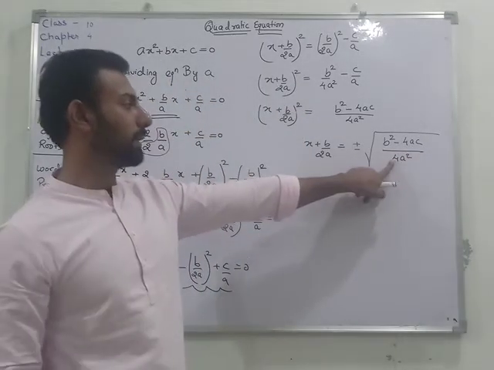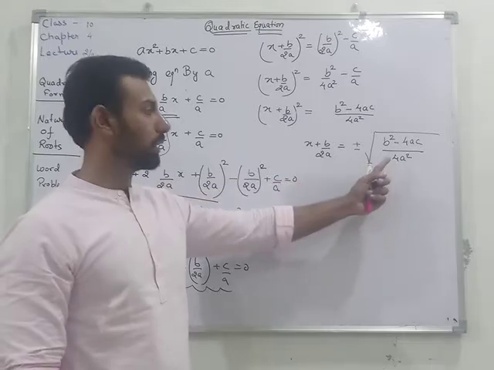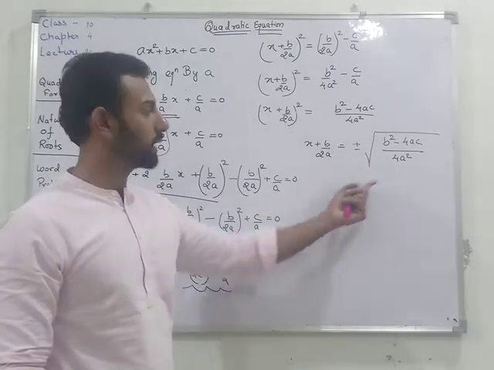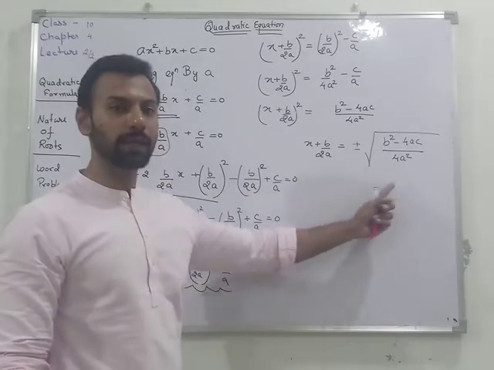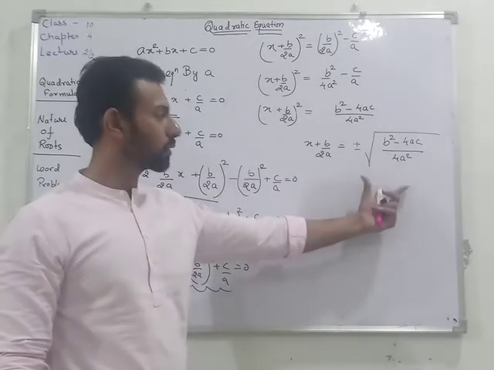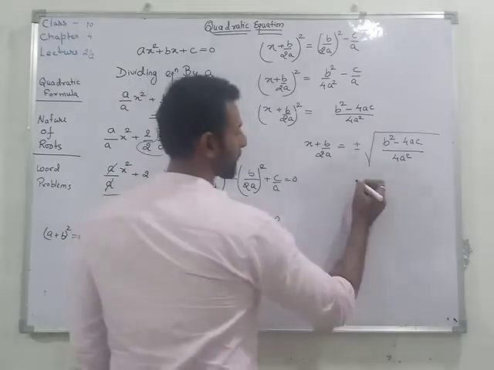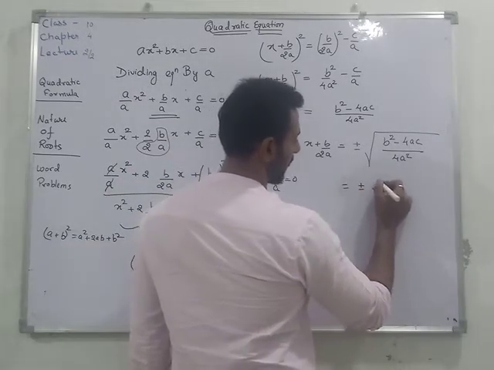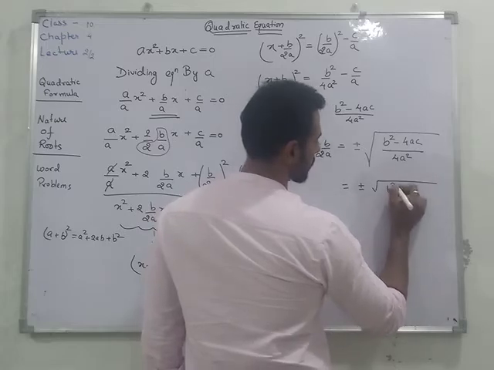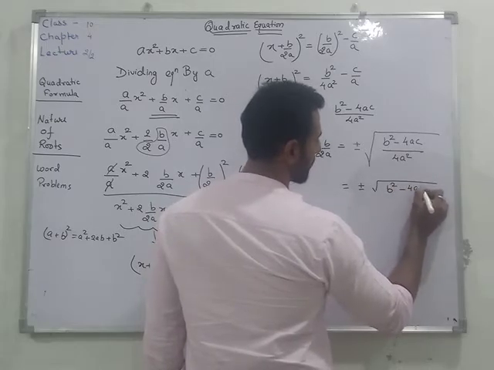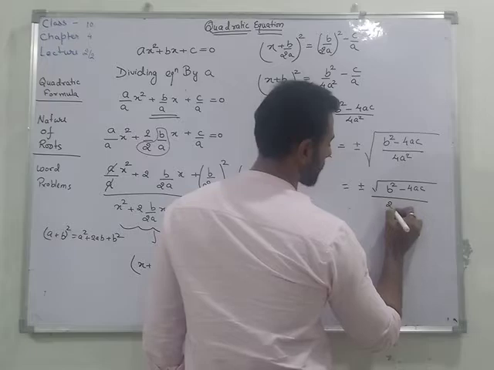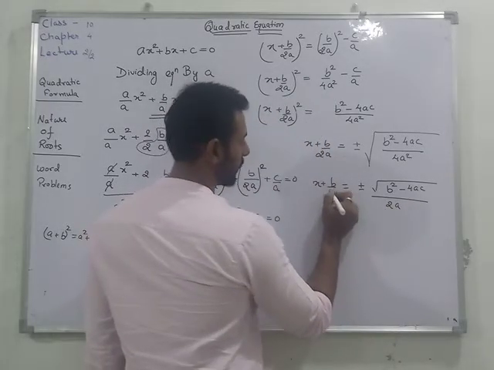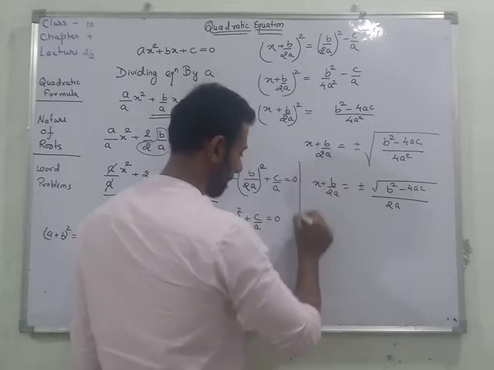Now this 4 can be written as 2 into 2, so we can take 2 outside the root, and a square we can write as a into a. So we take plus minus under root of b square minus 4ac upon twice of a.